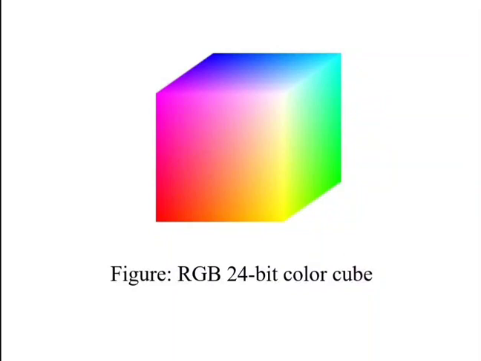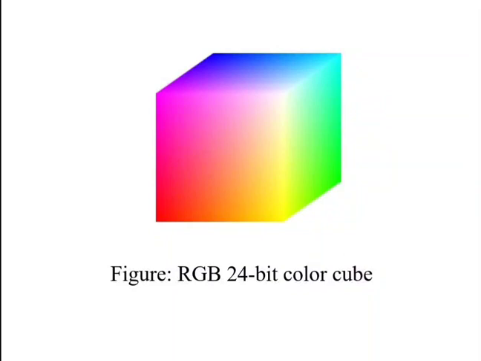Here we use the actual pixel values rather than the mathematically convenient normalized values in the range 0 to 1, because the former are the values actually used in a computer to generate the colors.